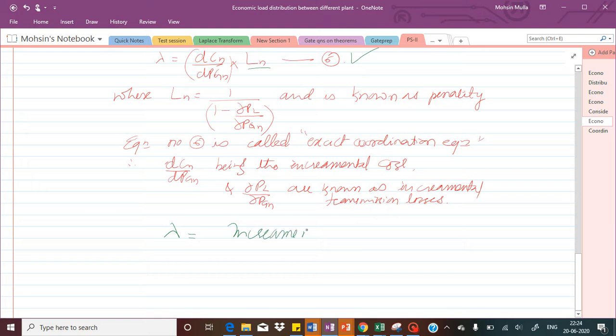Without transmission line losses, this was the only value we used to obtain for lambda. But now since the transmission line losses are also considered, we need to use the penalty value also. That penalty value is nothing but 1 minus the incremental transmission losses.